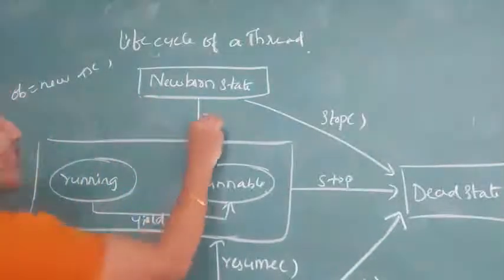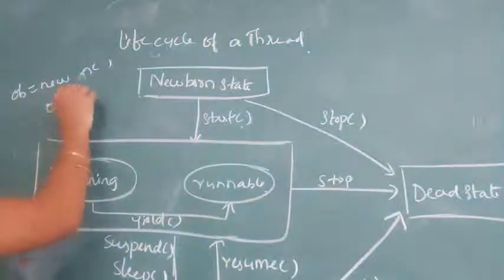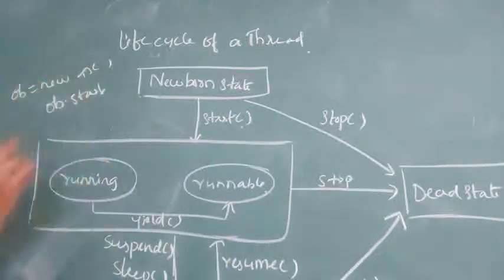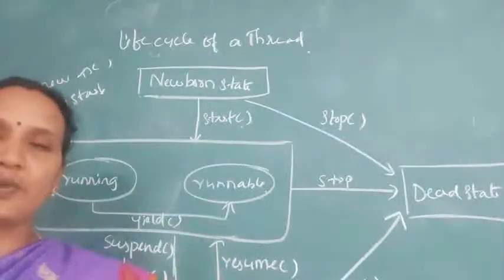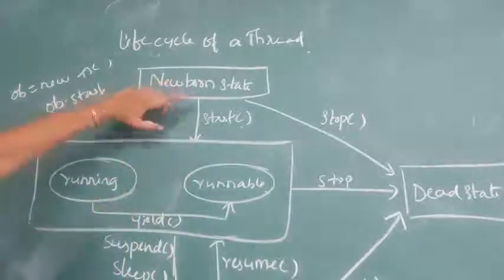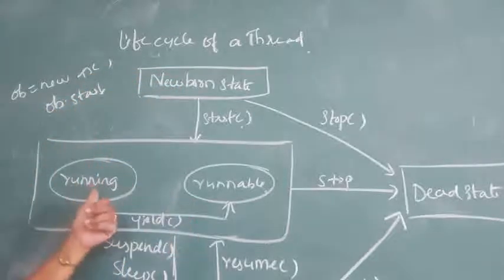When you call the start method, like ob.start, the thread is ready for execution and waiting for processor time, so it moves from newborn state to either runnable state or running state.